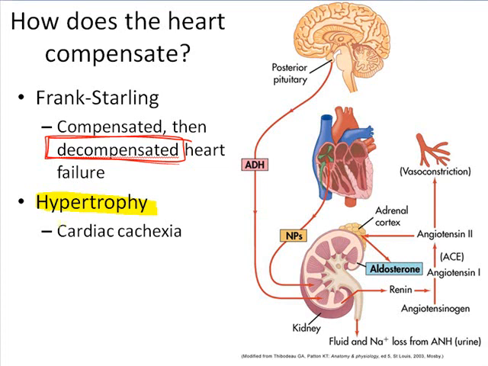One interesting side thing, I don't think your book mentions it, but that can happen with patients with congestive heart failure is they can get what's called cardiac cachexia. This is kind of similar to what we learned about with cancer cachexia.